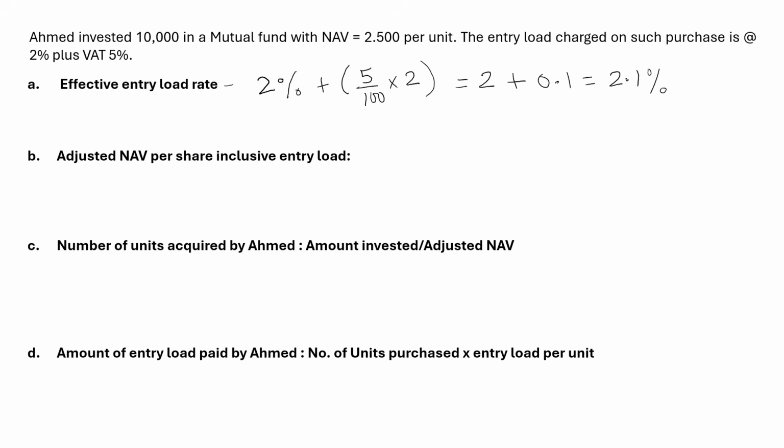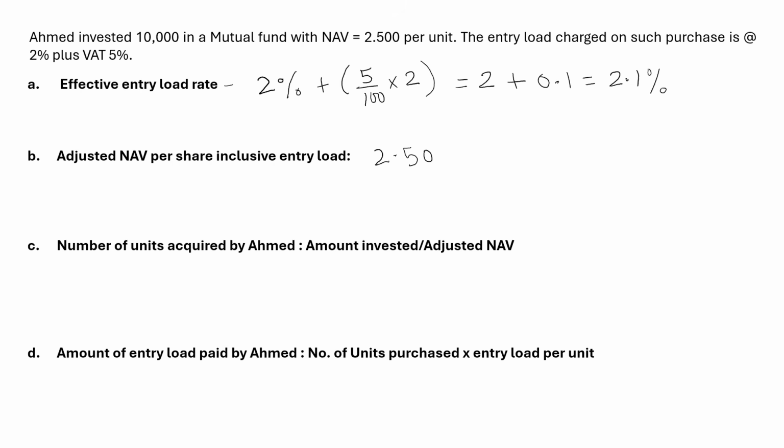Now we will calculate adjusted NAV per share. See, the name itself is explaining it to us. Adjusted NAV per share inclusive of entry load means we have to include, we have to add. So very easy and simple. What is the NAV? NAV given is 2.5, it is given in the question.